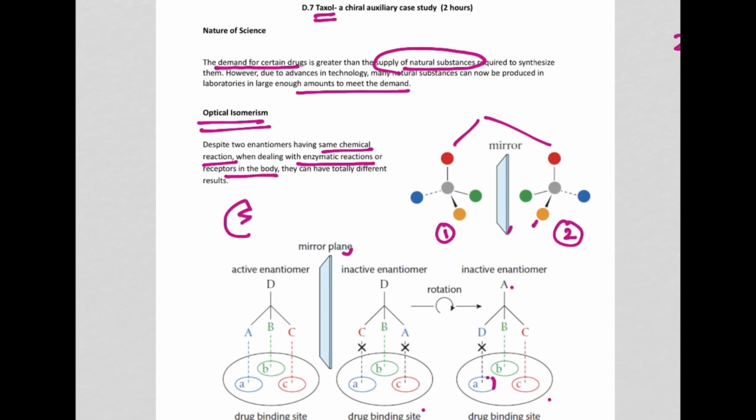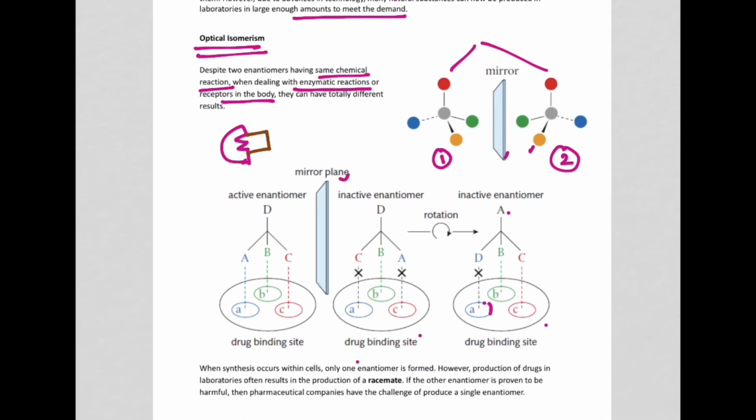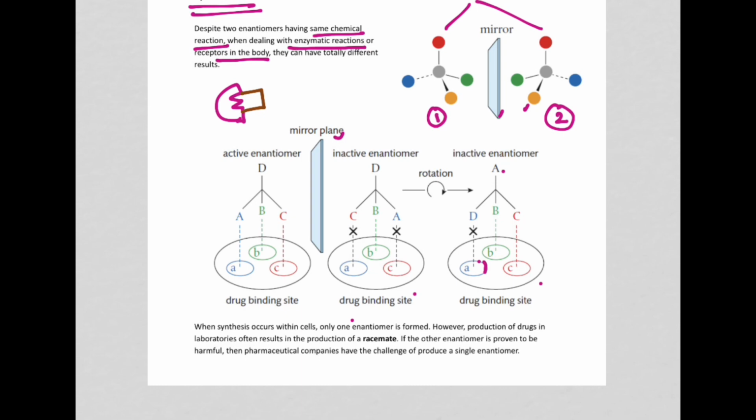So if this is the enzyme, the molecule has to fit in a very specific way, so that mirror images do not fit, right? For example, here I have the chiral center, and this is the drug binding site. This would be like the enzyme, let's say. So here it fits. You can see here.